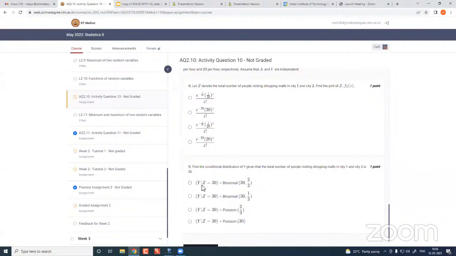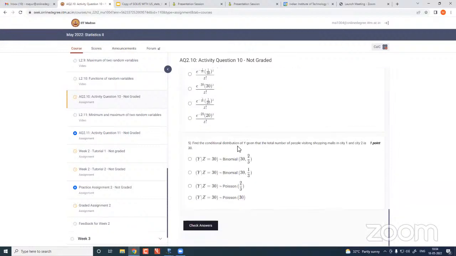I think this is mentioned in week 0. If you have two random variables X and Y with Poisson distribution, then Y given Z equals 30 follows a binomial distribution. Why? Z is X plus Y. Given that Z equals 30, what is the value of Y?